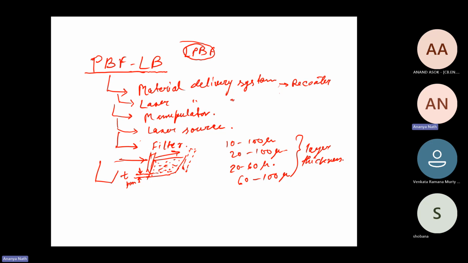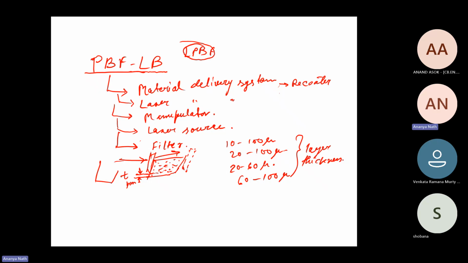PBF is completely different from DED. So that's why you have to understand the difference between PBF and DED. In DED, we were using a powder hopper. The powder was kept outside the machine in a different machinery component, which is called the powder hopper.